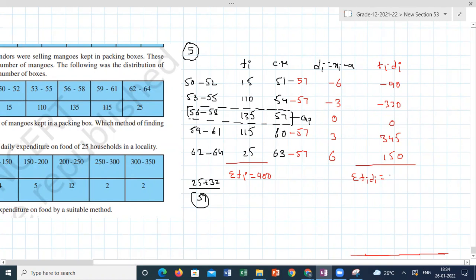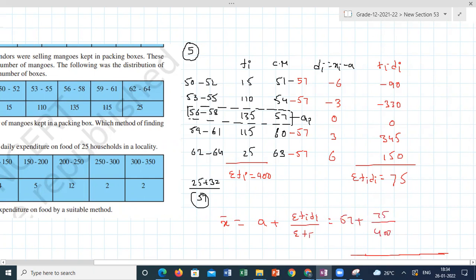This is 75. So the mean is equal to a plus sigma fidi by sigma fi. A is how much? 57 plus 75 by 400.